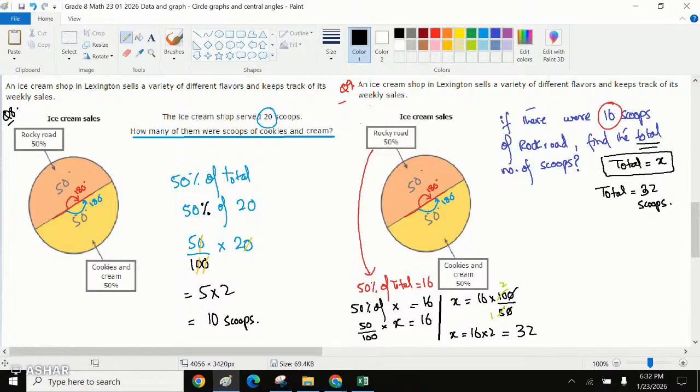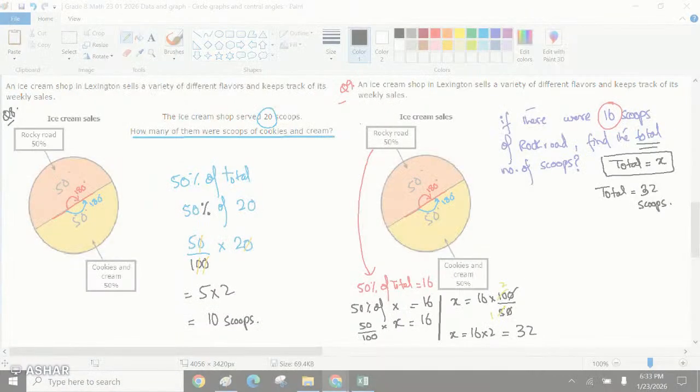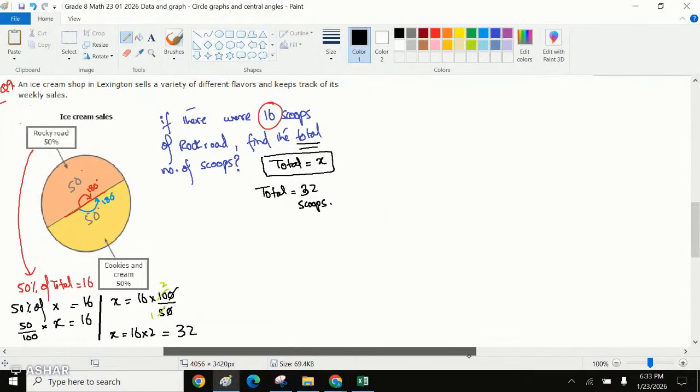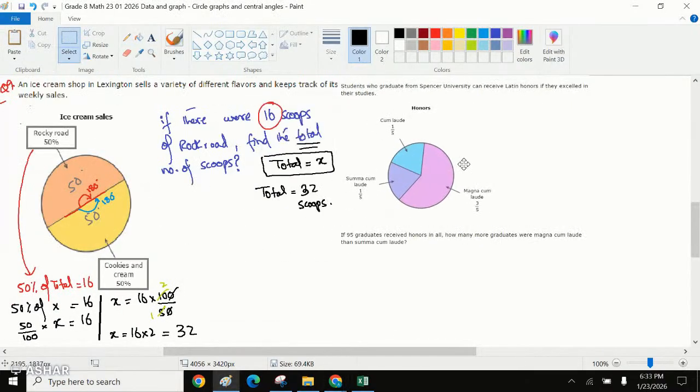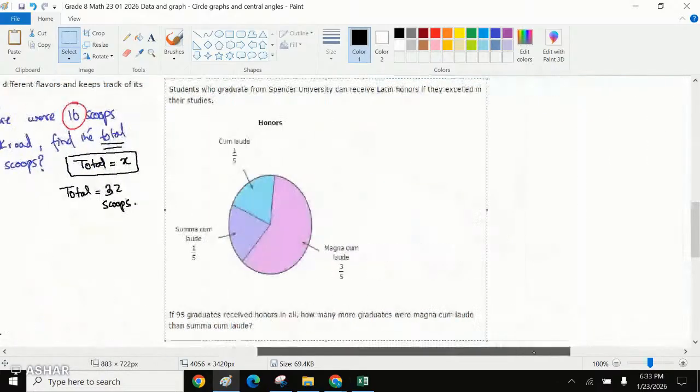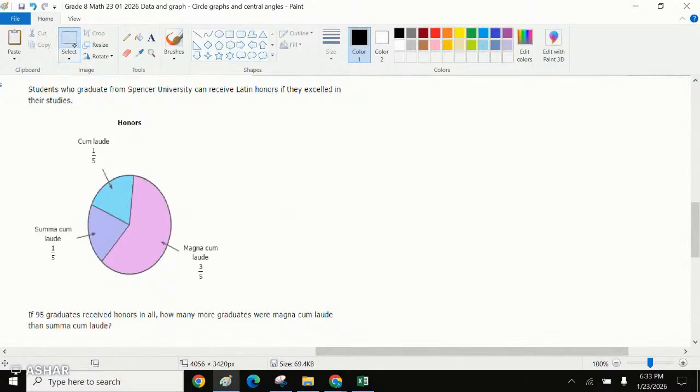Okay, let's have a look at another question. The next question is about a university, question number 10.